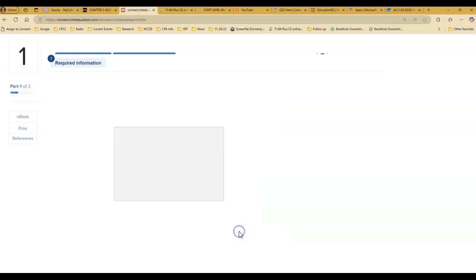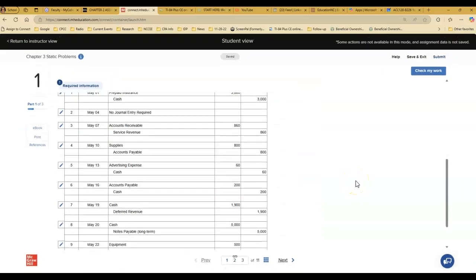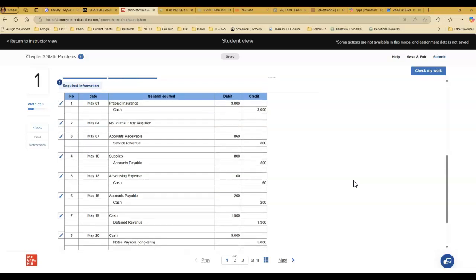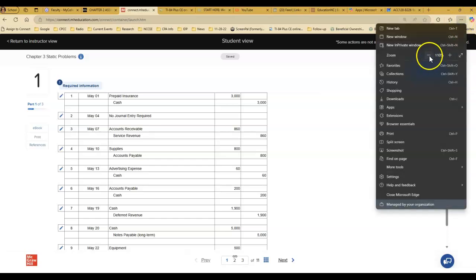Now, if we click on View General Journal, a couple of things to note here is this. When we do something like this, a lot of times the next step that we're going to have to do is we're going to have to post all these journal entries into the general ledger. So in my world, I'm going to try to get this all on the same page, which right now my computer doesn't want to do because it doesn't want to get any smaller. All right, fine.